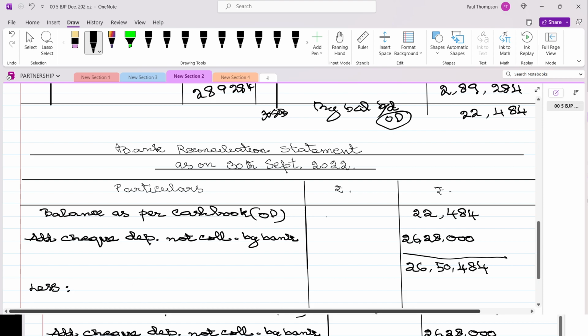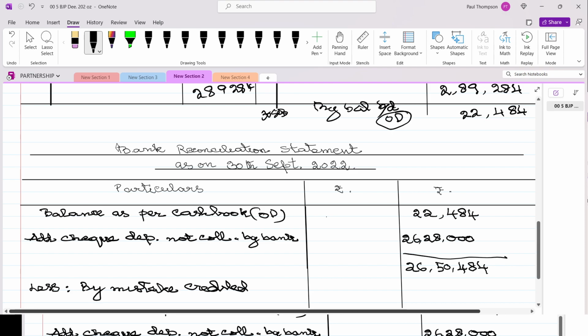So now our overdraft balance as per bank is 26,50,484. This is overdraft. Now what the bank has done, it has in error, by mistake, credited 40,000.